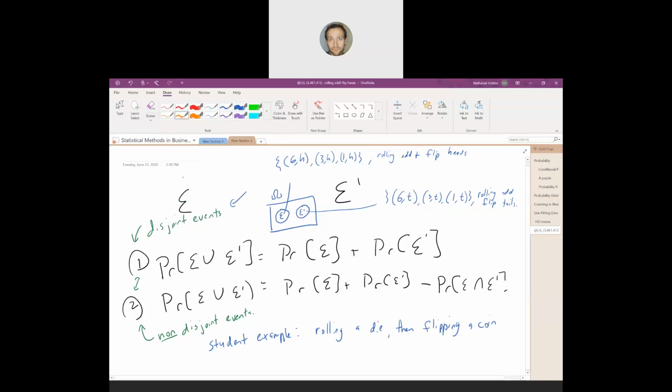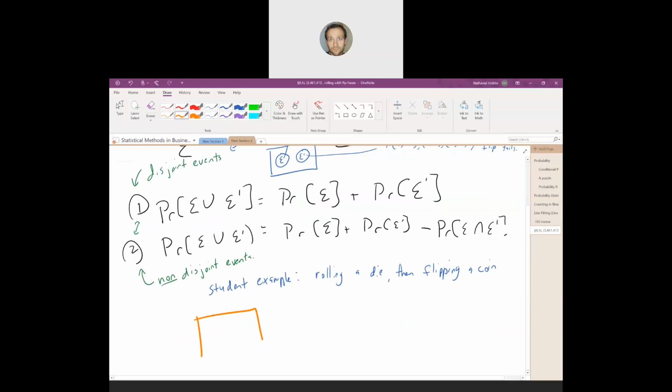Let me move down to an example of number 2. This is a picture that looks like this. Epsilon prime. So, in particular, there's this middle area of overlap, and this is epsilon intersect epsilon prime.